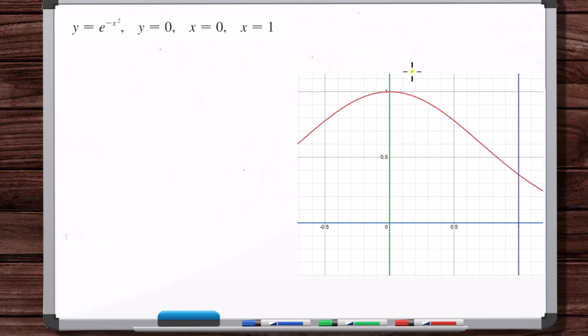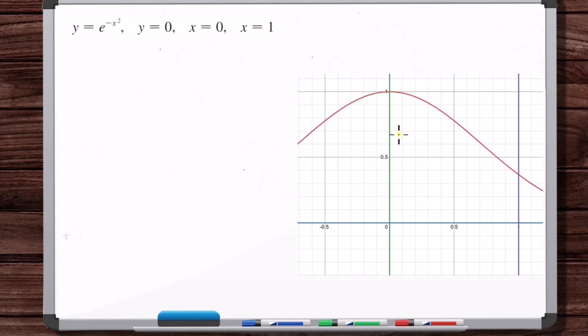Okay, same problem. We're going to be revolving about the y-axis the region contained by these curves here. So this is x equals 1, this is x equals 0, this is y equals 0, and here is e to the minus x squared. The shell is going to be, we'll do dx again.